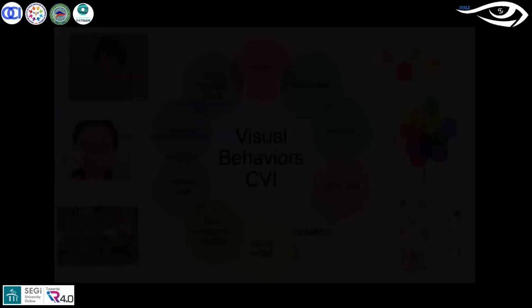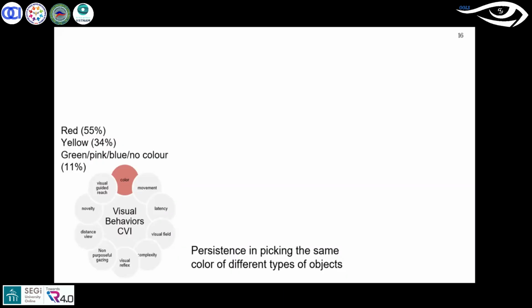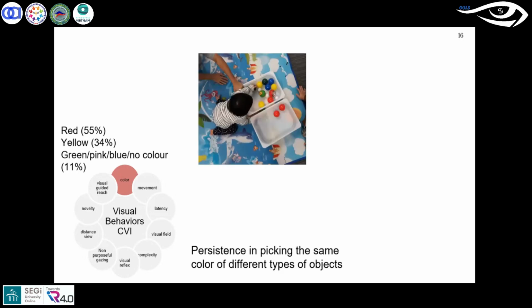For color, children with CVI, it has been found that 50% of them actually prefer looking at red objects or colors, followed by yellow, and lastly green, pink, blue, or no color preference at all. So for example, we know that they have a color preference when they display a persistence in picking the same color across different types of objects.